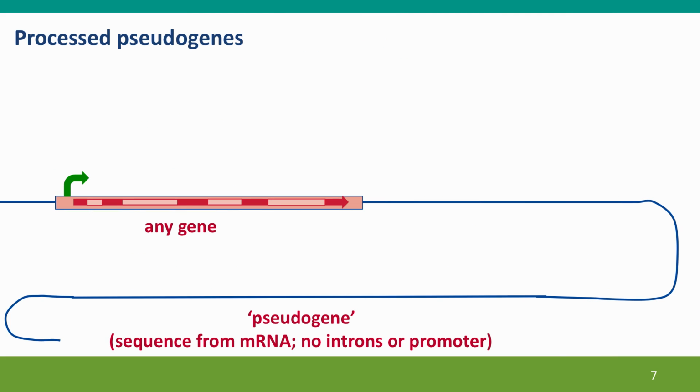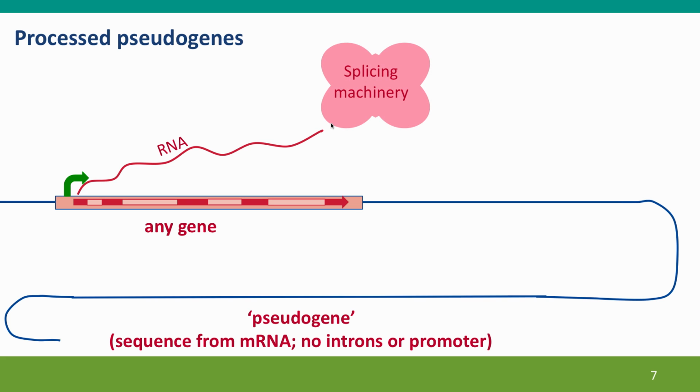So any gene can be transcribed into RNA and processed by the splicing machinery into mature messenger RNA. And normally this mature messenger RNA goes off to the ribosomes in the cytoplasm to be translated into protein.